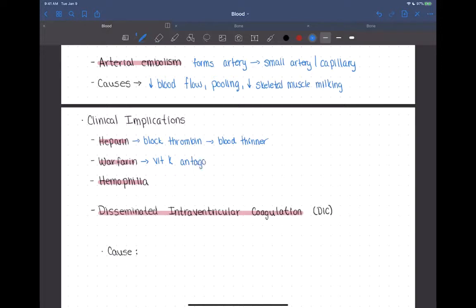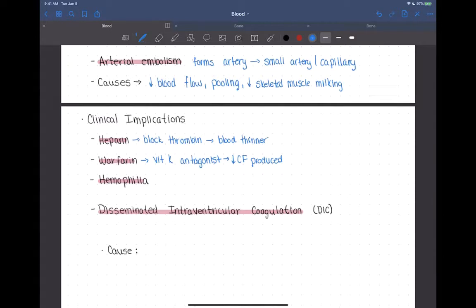Remember, vitamin K is really important, and a certain number of clotting factors are derived from it. So we have a decrease in clotting factors being produced, and that is going to lead to a blood thinning effect if you don't have those clotting factors.